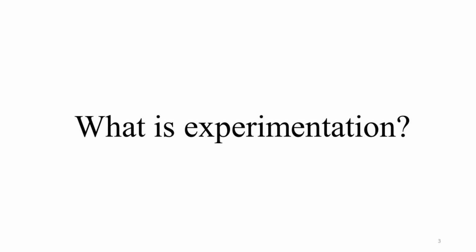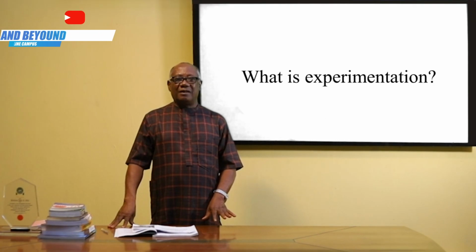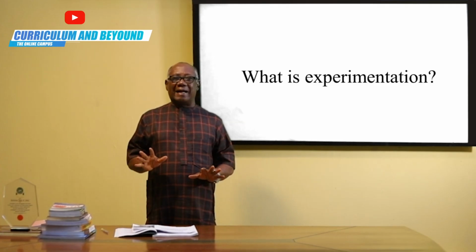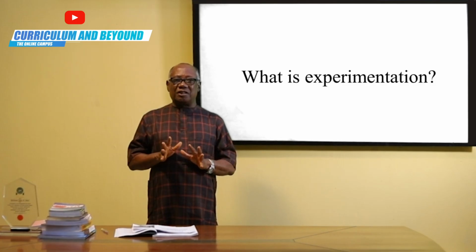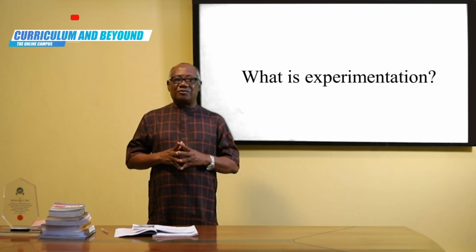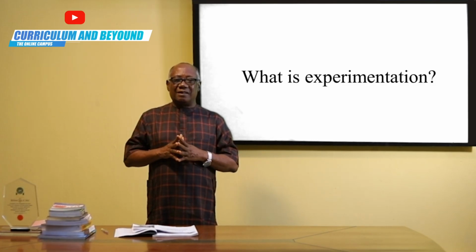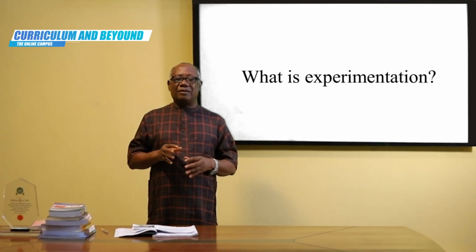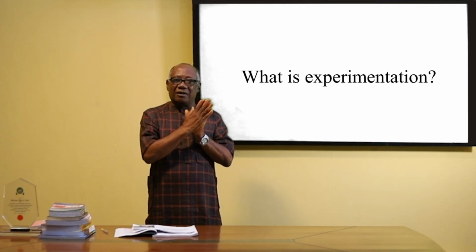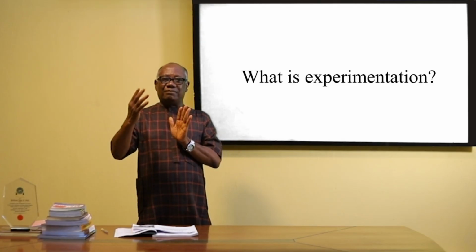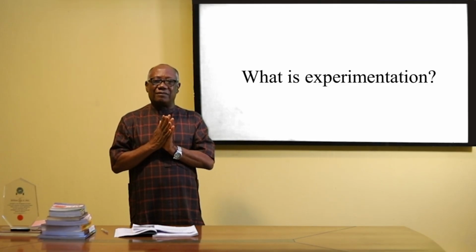Now, let me give you an example to start with. If you want to look at the effect of method of teaching on students' performance in biology, you are going to have an independent variable and a dependent variable.